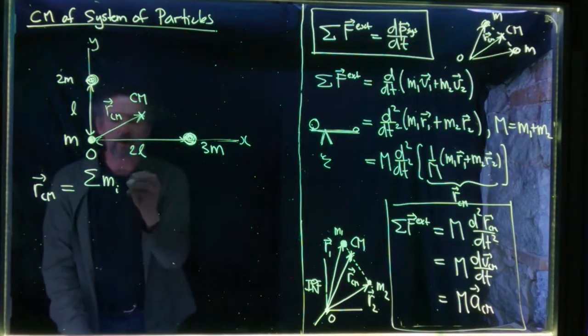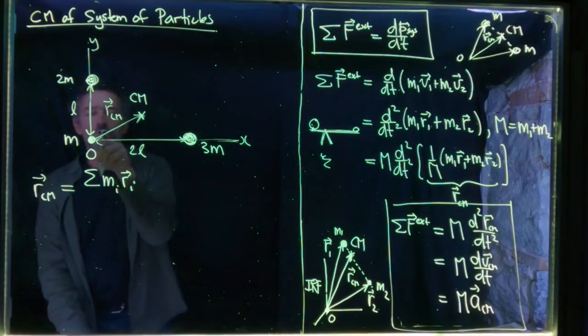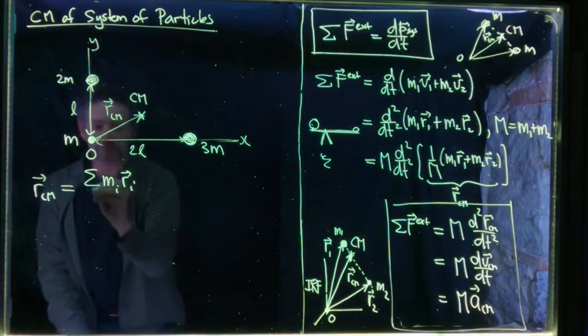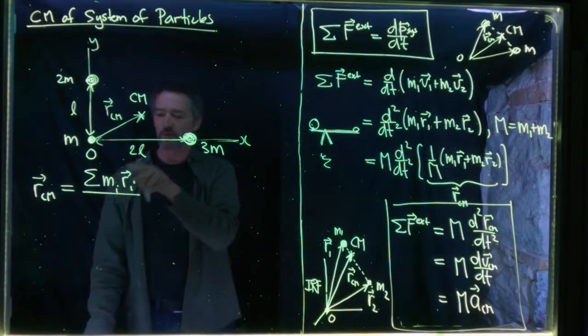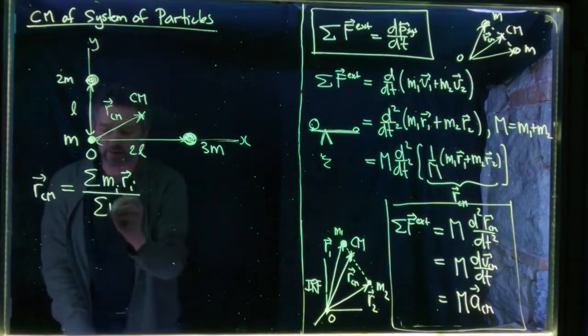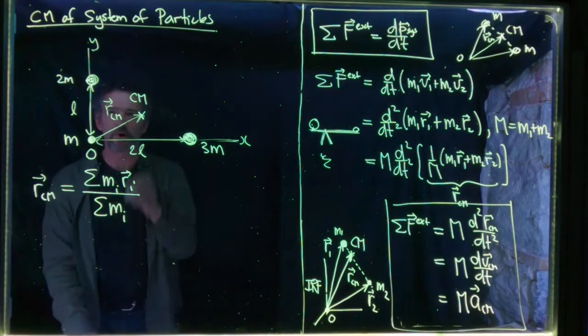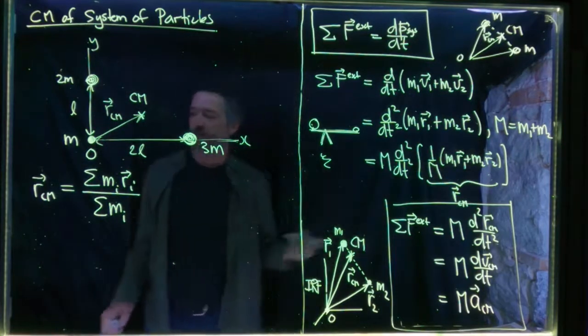The masses mi times the position from our chosen coordinate origin to the mass in question, divided by the total mass, which is the sum of the masses mi, m1 plus m2 plus m3. For just two particles, it'll be m1 r1 plus m2 r2, divided by the total mass, which in this case was just m1 plus m2 because we had just two particles.